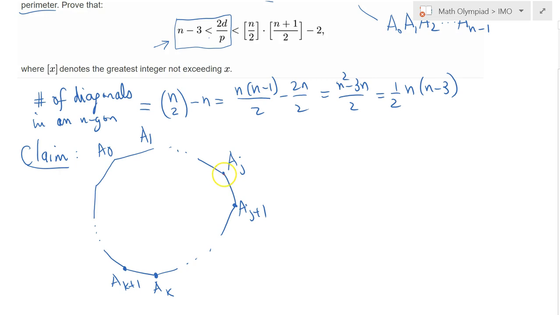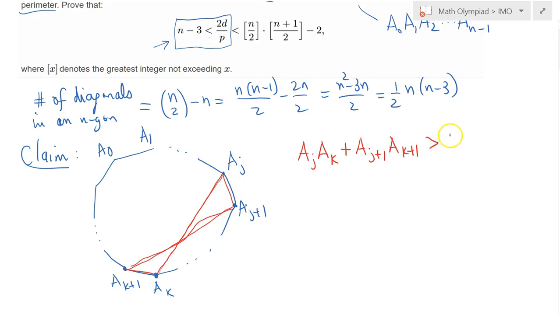If you consider the diagonal AjAk, as well as Aj plus 1, Ak plus 1, and these two edges, then the claim is that the length of the diagonal AjAk plus the length of the diagonal Aj plus 1, Ak plus 1 is strictly greater than the sum of Aj Aj plus 1 and Ak Ak plus 1, these two side lengths of this n-gon.